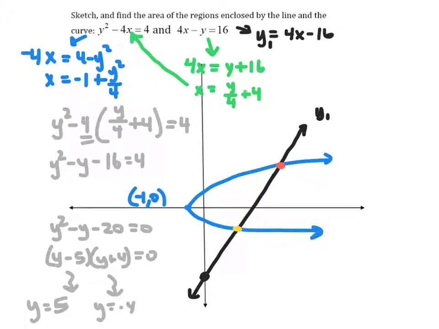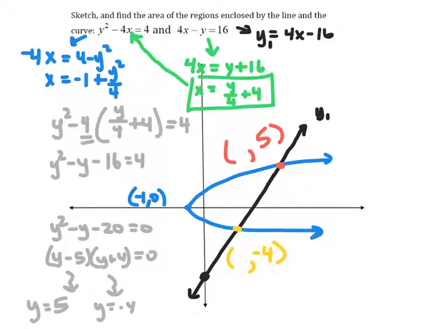So I know that this point right here is some x value comma negative 4. I know this point right here is some x value comma positive 5. So I just need to figure out what my x's are for that. And go figure, I've got this right here to help me do that.